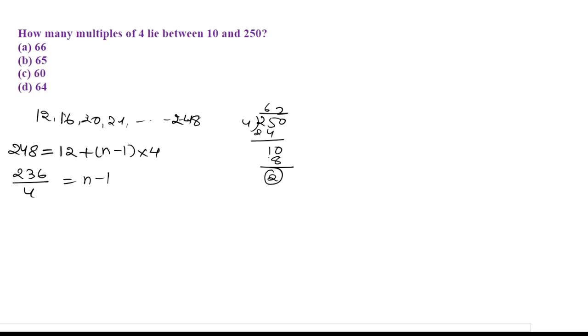What is 236 divided by 4? 4 5s are 20, 4 9s are 36. Minus 1 goes on the other side, plus 1 is equal to how much? n. So what is n? n is 60. Correct? So what is the right answer? Right answer is C. Let's move on to the next question.